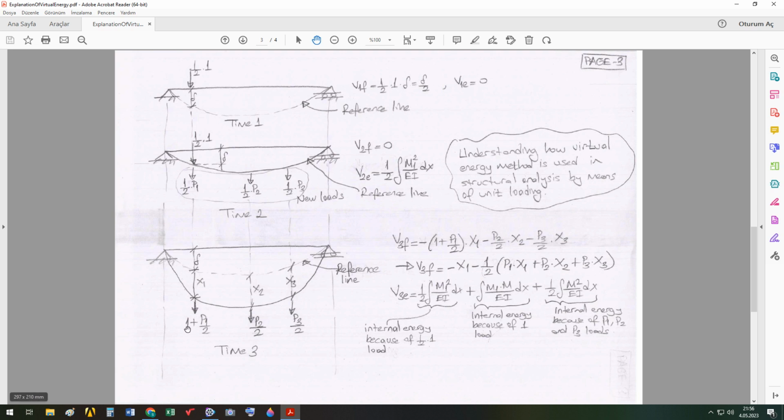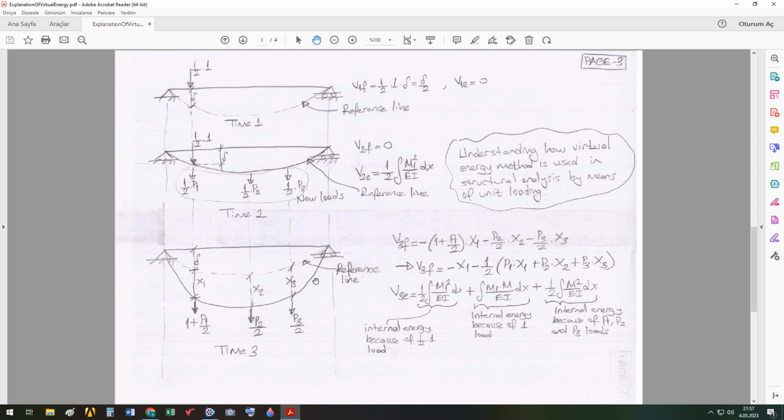So here the value is 1 plus P1 over 2, because P1's value was 0 at time 2, and its value is P1 at time 3, so its average value is P1 over 2. It's a bit confusing here, but if you repeat this video again and again, and if you download this document, you will understand it. Similarly, the values here are the same, and this is our deflected shape.